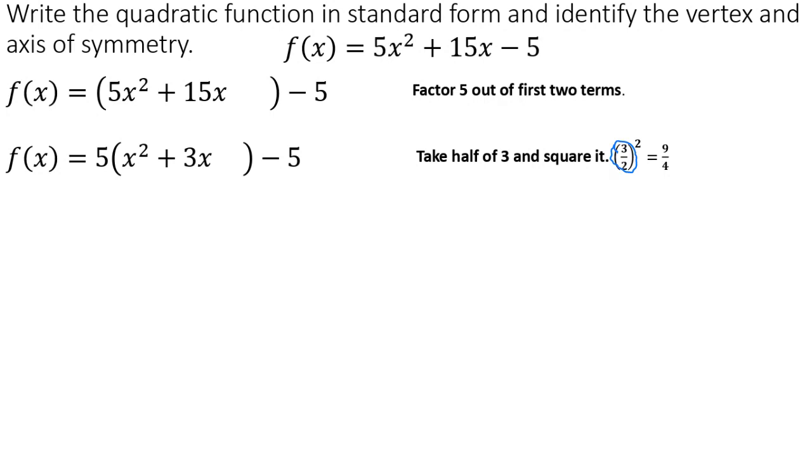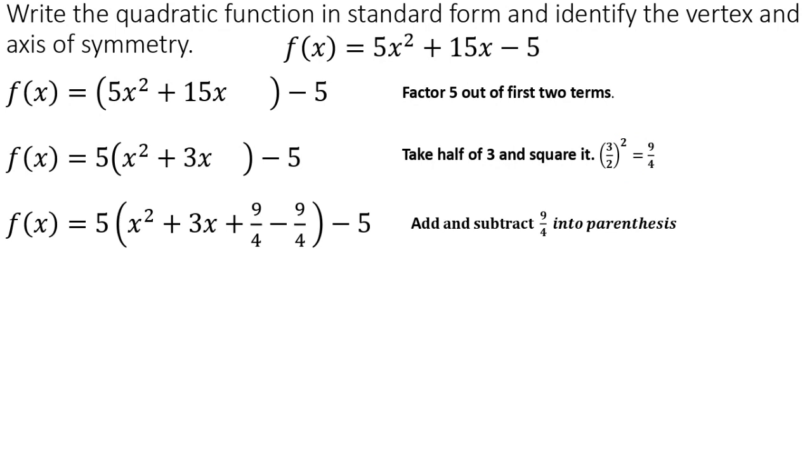But this is our formula. We're going to take b divided by 2 and square it. So 3/2 squared, that's 3 squared is 9, 2 squared is 4, so we have 9/4. So I want to add a 9/4 and also subtract a 9/4, okay? I'm basically adding 0. I'm not changing the equation. All right, so I want to only borrow, okay?